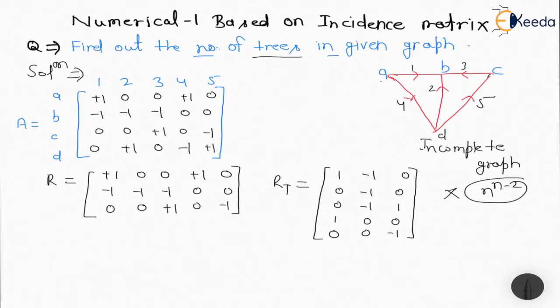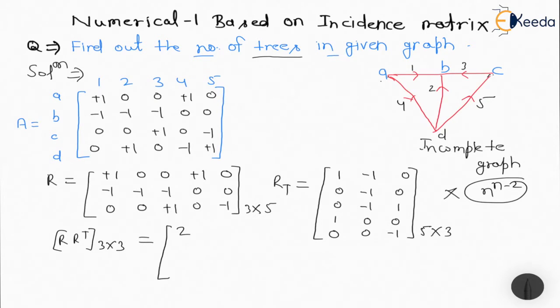Now the size of R is 3 cross 5, and R transpose is 5 cross 3. So the matrix R into R transpose will be 3 cross 3, and we will calculate it. First row with first column: plus 1 and plus 1, so 2.